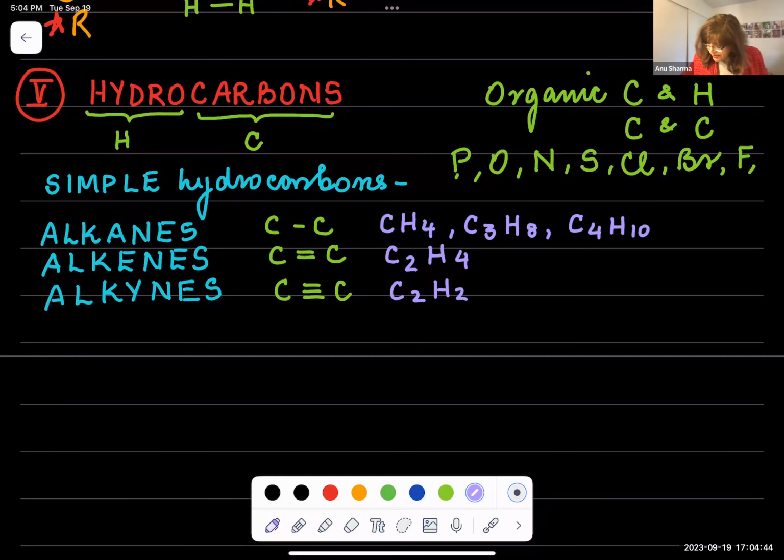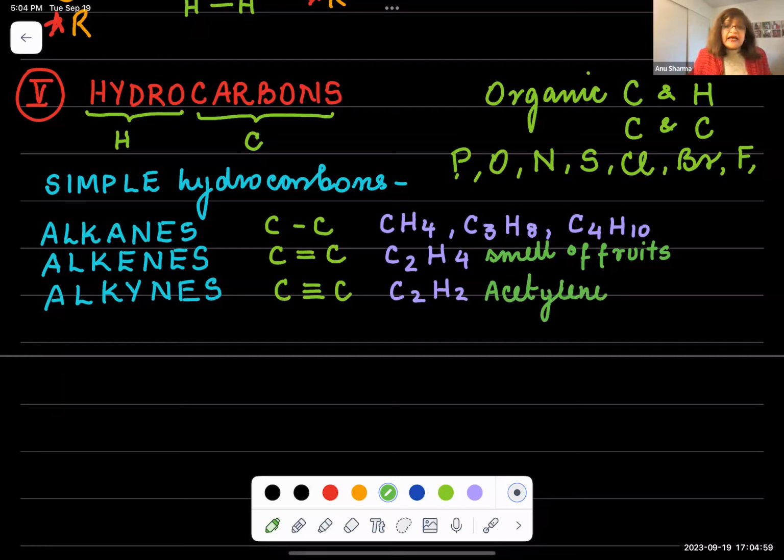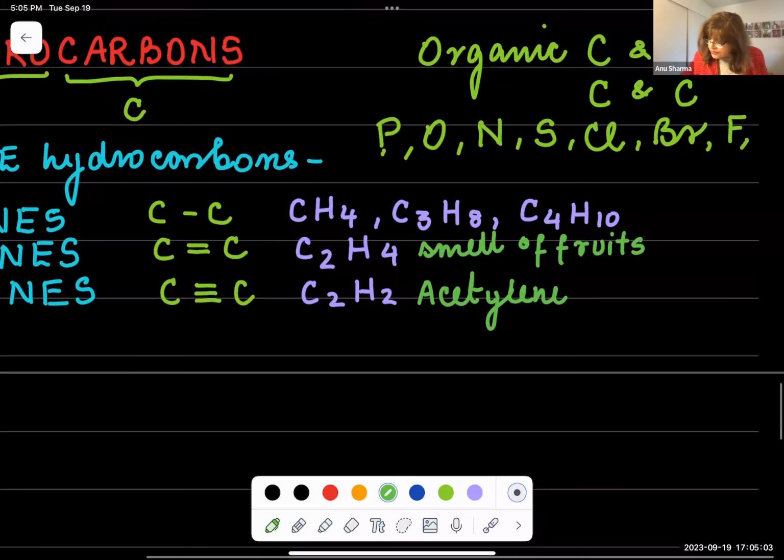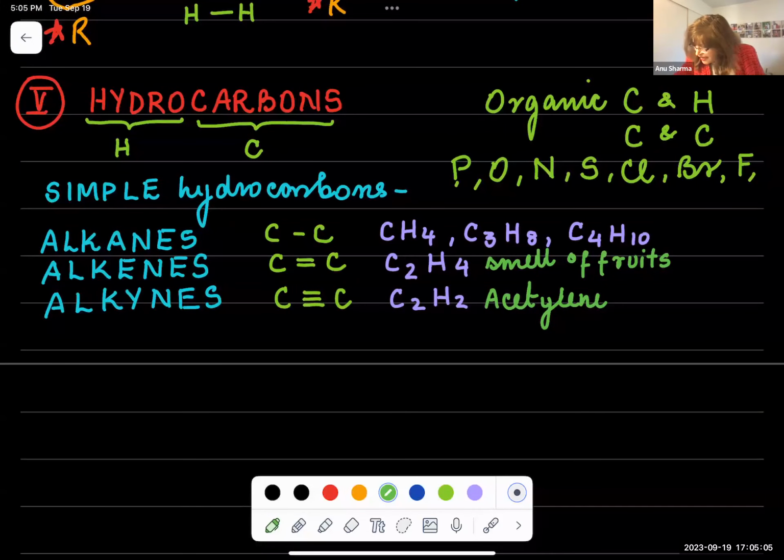Let me write this down: smell of fruits. And this is ethene, E-T-H-E-N-E. This is acetylene, the gas that's used for burning.